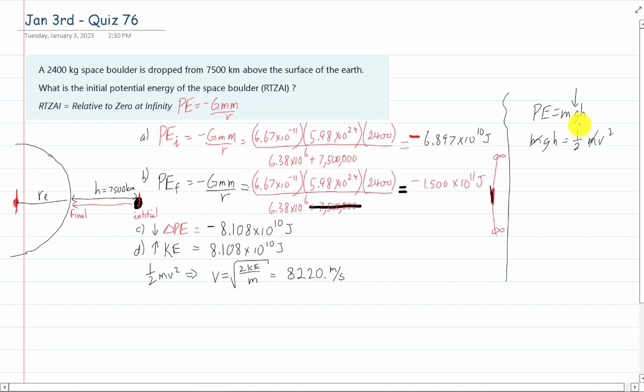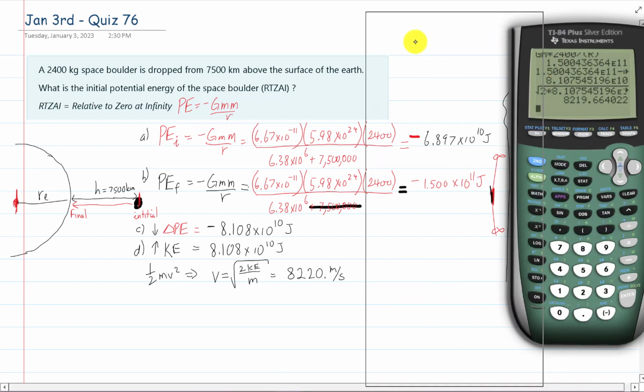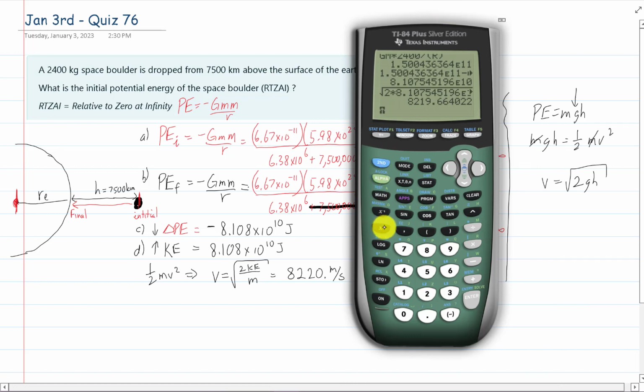And we get v is equal to the square root of 2gh. So the square root of 2 times 9.8 times 7,500,000. So it says a landing speed of 12,124 meters per second.